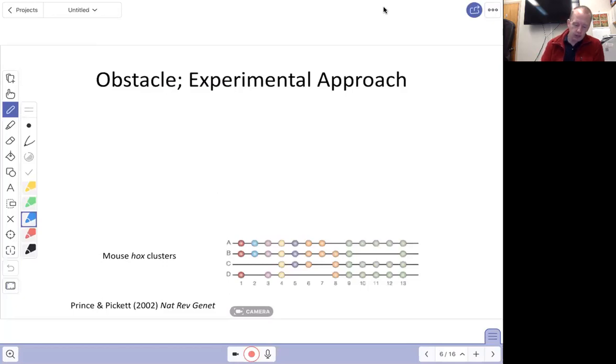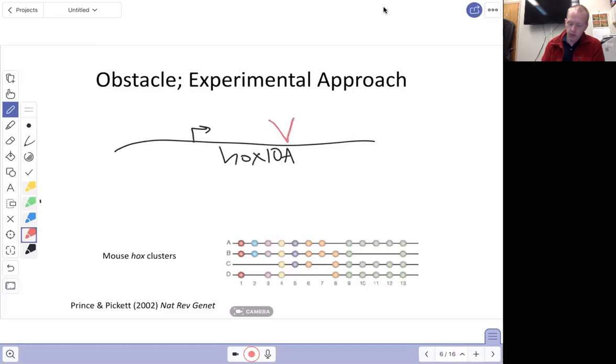And in this case, the experimental approach was this: there are regions that contain, for example, let's say it's HOX10A. So what they do is insert in the gene a selectable marker. That is a new gene that's easy to tell whether a mouse has it or not. And in this case, if I remember correctly, it was an antibiotic resistance gene.